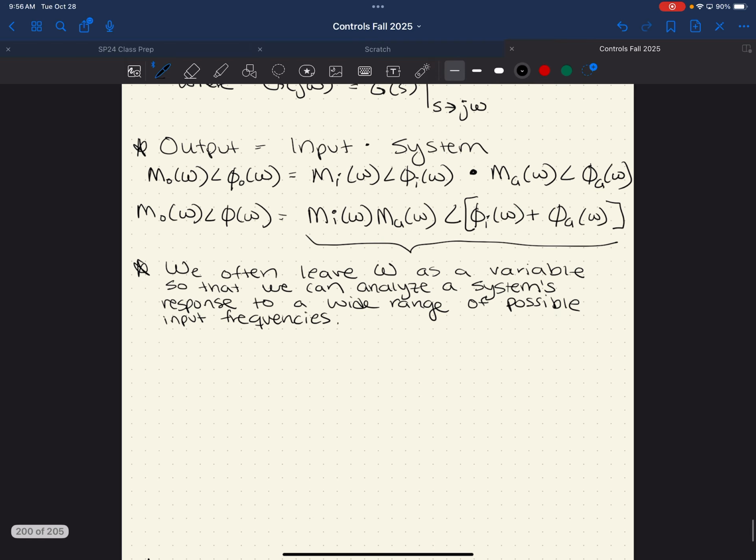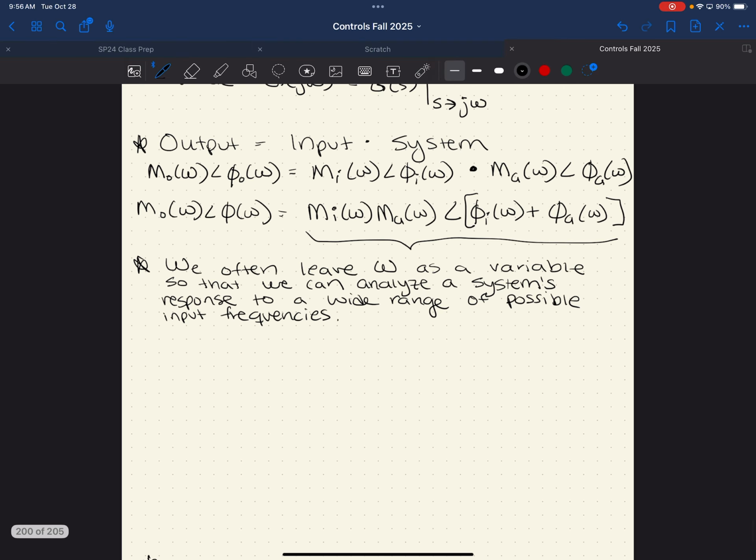So for instance, we might draw a couple of graphs. We're going to try to see what our system does for a range of input frequencies. So I'll put input frequency on the x-axis.